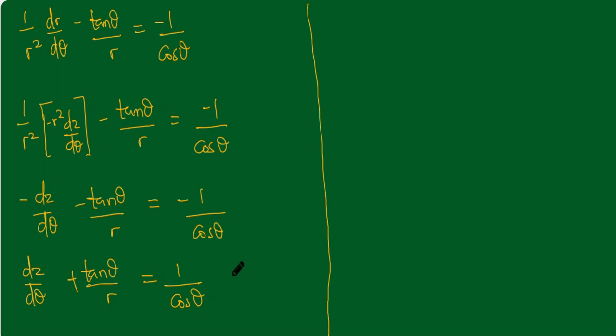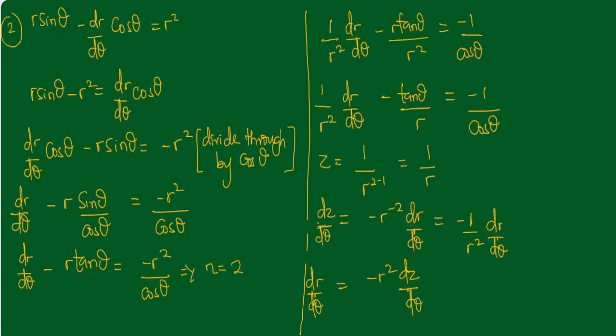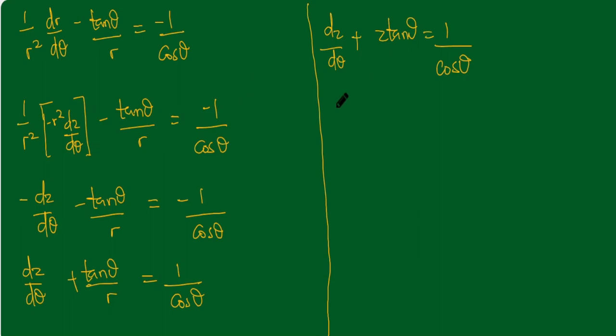So we can solve this using our integrating factor method. But before we do that, recall that we said z is equal to 1 over r. So we have dz d theta plus z tan theta is equal to 1 divided by cos theta. So now we have our integrating factor to be equal to e raised to power integral of tan theta d theta.